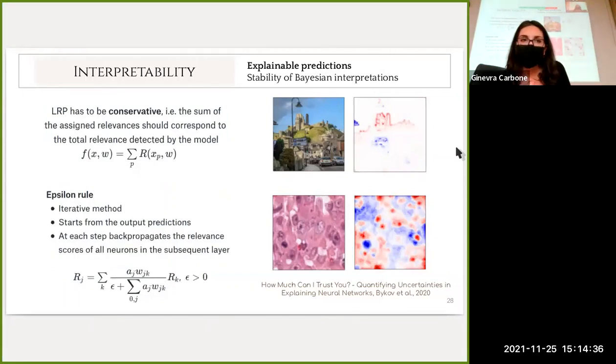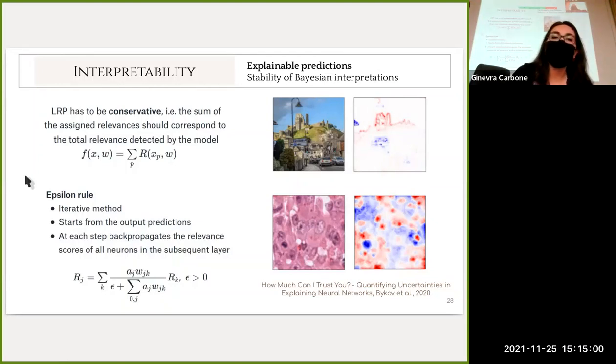Now, in general, LRP has to be conservative, meaning that we want the relevance scores assigned to the pixels to be consistent with the predictions. So they have to satisfy this conservative property. And there are many possible rules that we can use in practice to compute LRP according to this property. But for simplicity, let me just describe the epsilon rule.